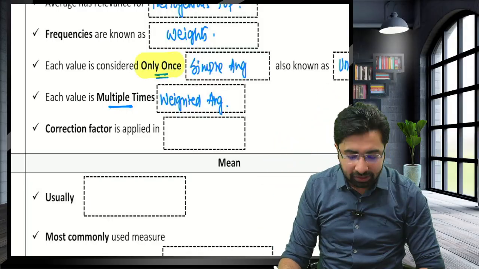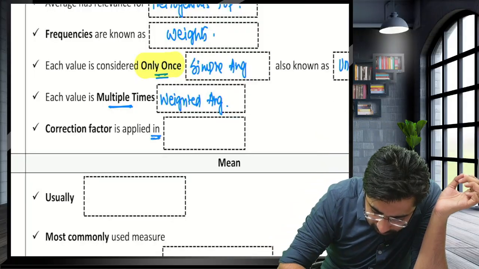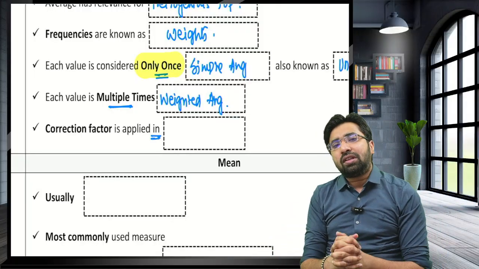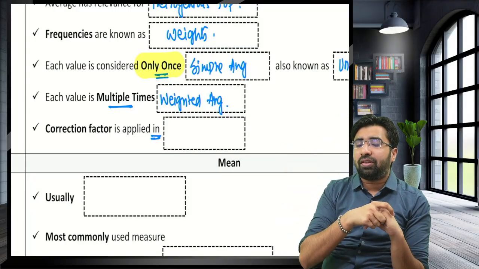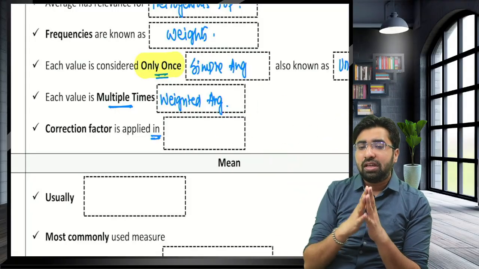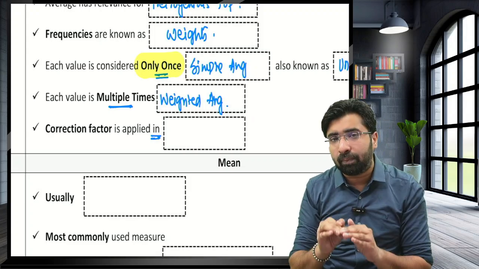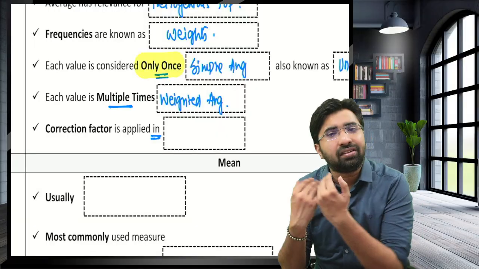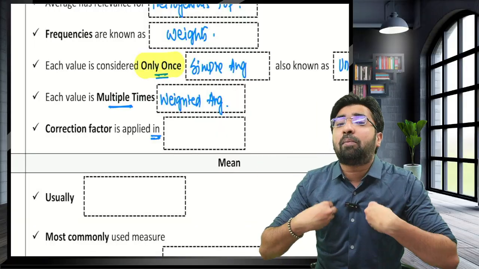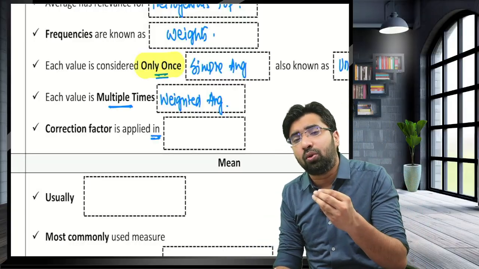Correction factor is applied in inclusive or exclusive? Sometimes if they use the word in, you will say, sir, we apply the correction factor minus 0.5, plus 0.5 in the inclusive series and we perform the exclusive series. If they ask the correction factor is applied in, don't say inclusive. It is applied for exclusive, to make the series exclusive. Even if they use the words applied in, applied for, in short they are asking the correction factor is used to create what?